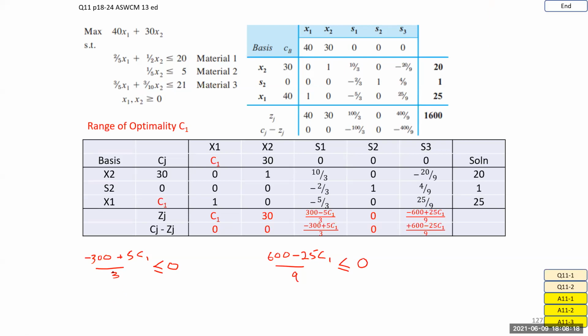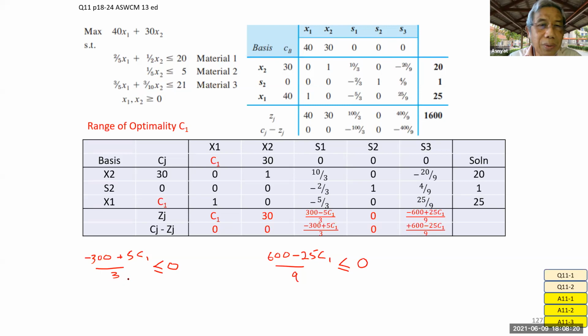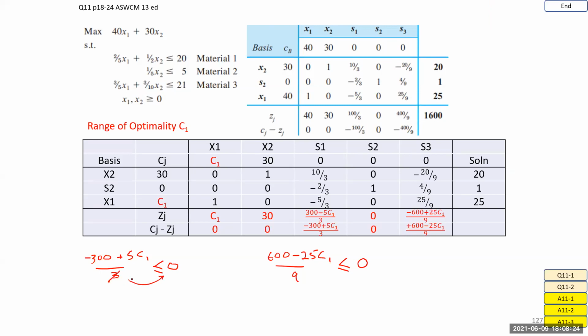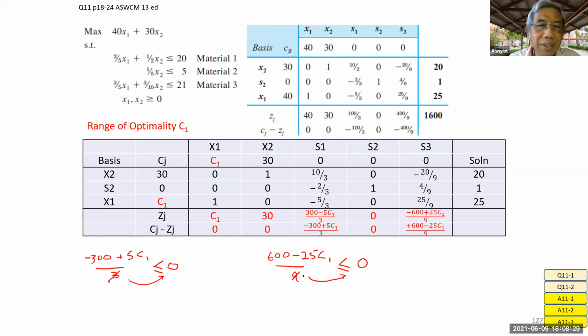So now we have this. The 3, if I throw it to the other side, it will disappear, right? The same thing here with the 9. So now I have negative 300 plus 5C1 should be less than or equal to 0, and 600 minus 25 C1 should be less than or equal to 0.